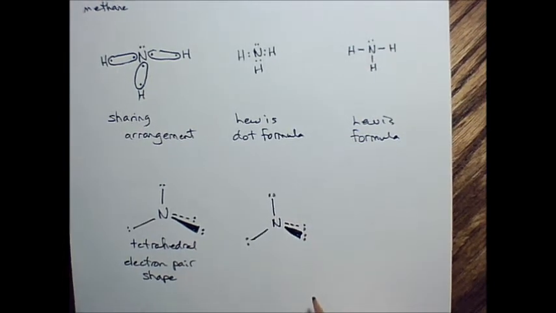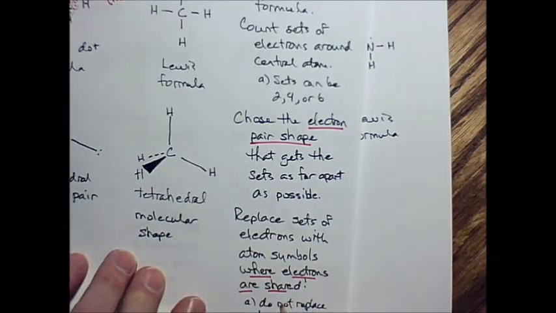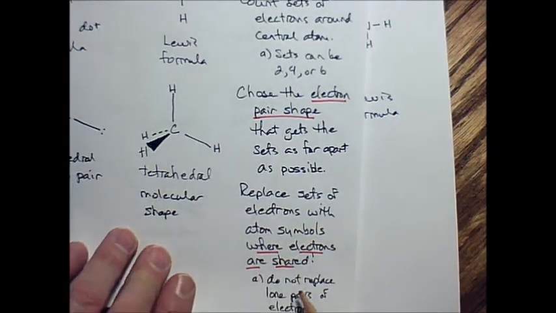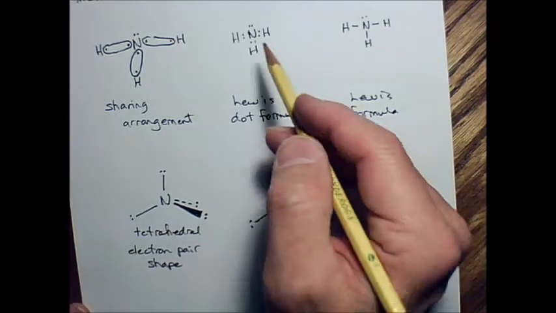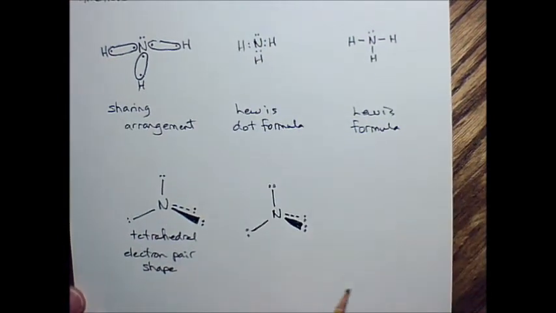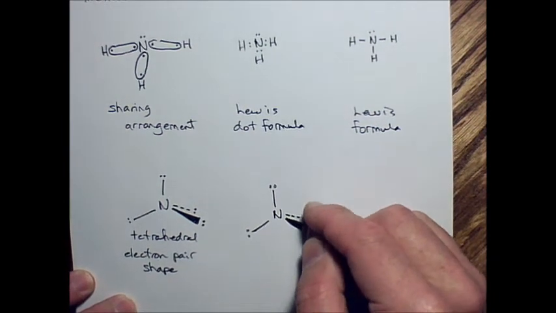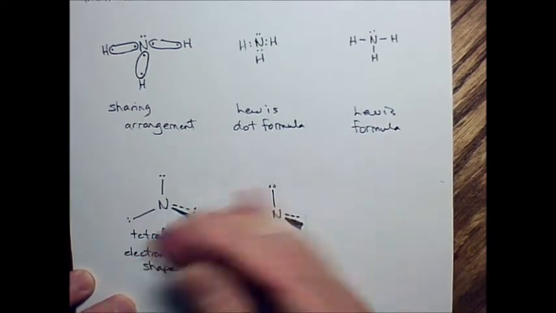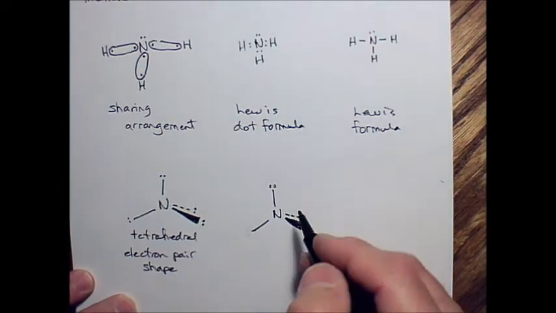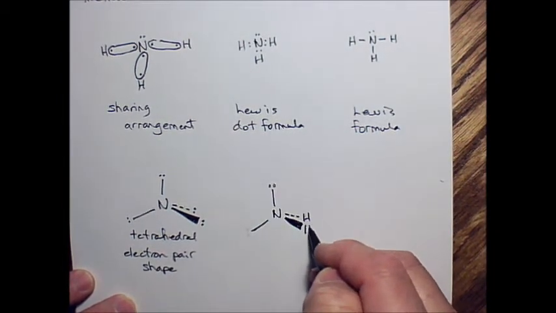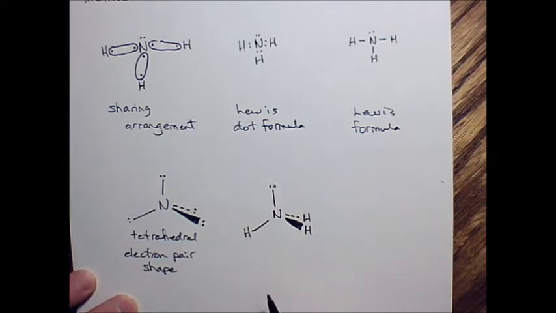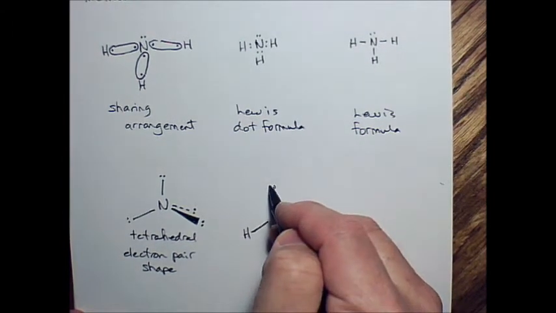Okay? So we're going to replace the sets of electrons with atom symbols where the electrons are shared. So on how many of these sets of electrons are the electrons being shared? 3 of them. So I need to erase 3 sets of electrons. Okay? 3 sets of electrons get erased. And I'm going to replace those 3 sets with the symbols for the atoms that go there, or they're being shared there. Okay?